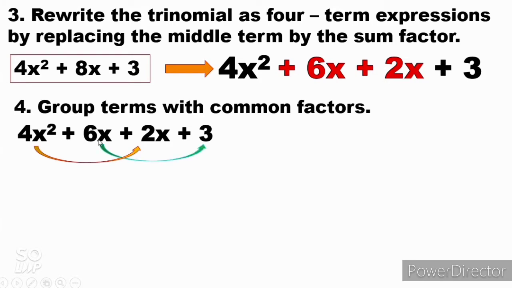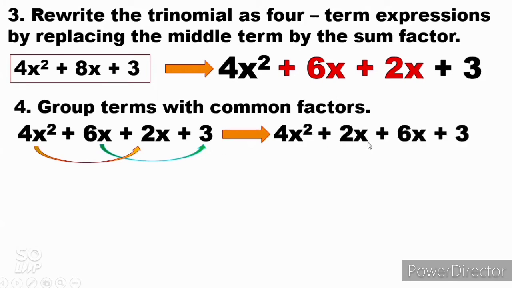Ang common nila ay 3. So iaayos na natin, pagtatabihin yung merong common, magiging 4x squared plus 2x plus 6x plus 3. Nagpalit ng pwesto yung 2x at saka yung 6x.